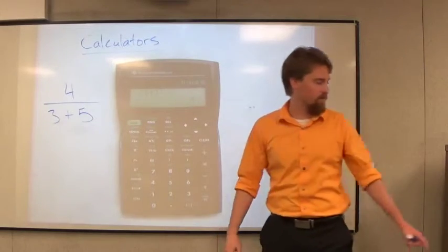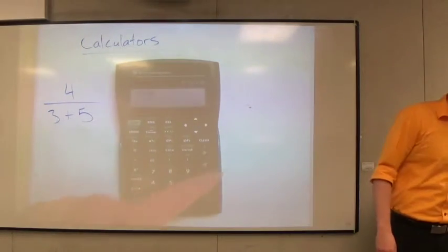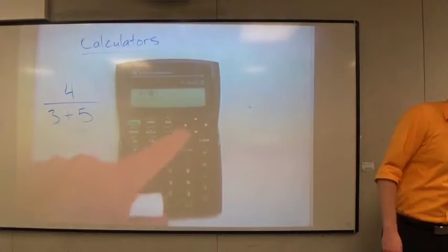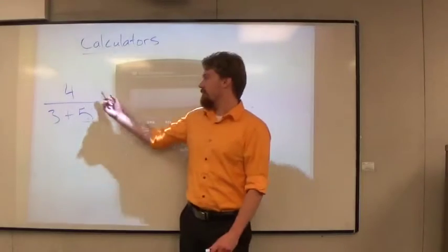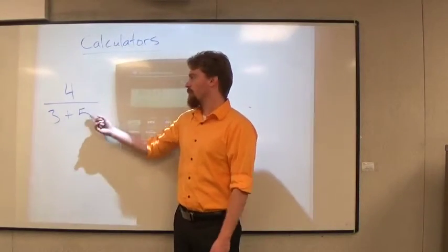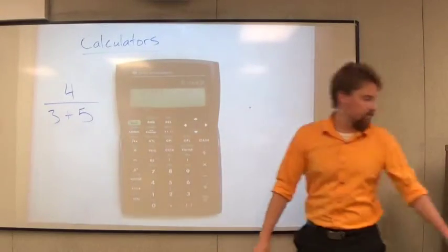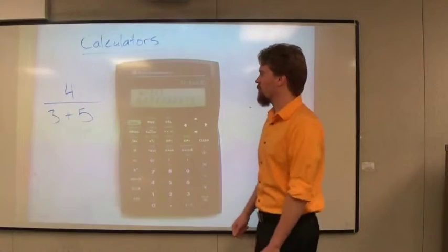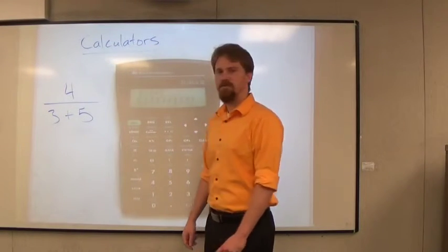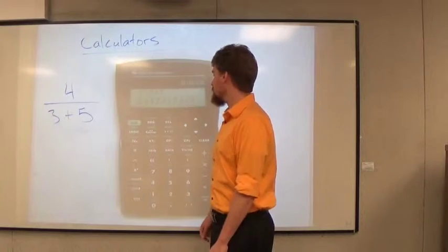But here's the error. People do 4 divided by 3 plus 5. That's that, right? 4 divided by 3 plus 5. I see a 4, I see a divide, I see a 3, and I see a plus 5. Well, if I press enter, do I get 1/2? 6.33333333. I don't know. Seem right to you? Doesn't seem right to me.